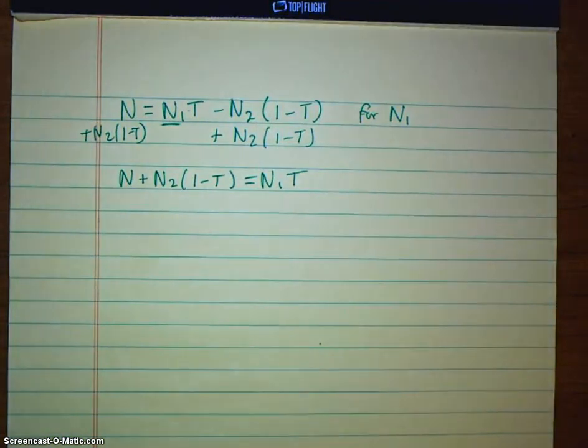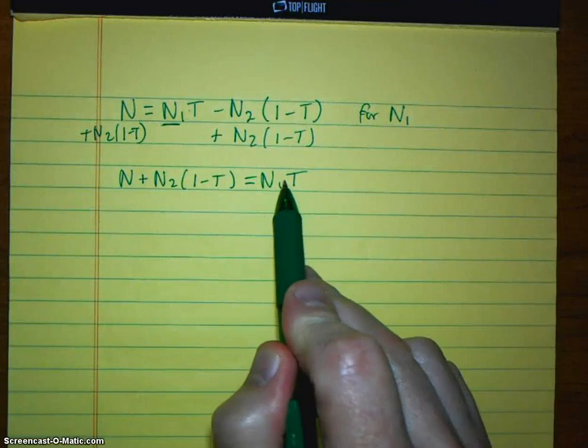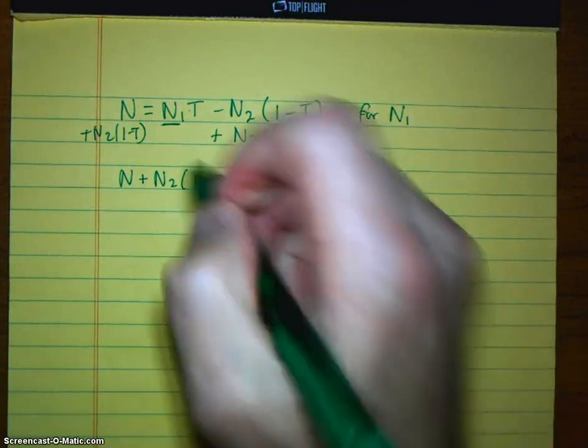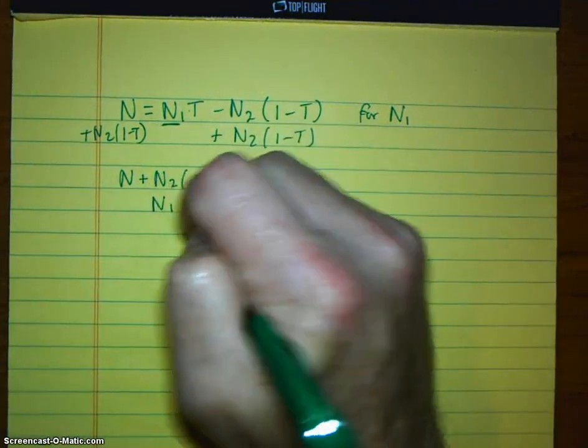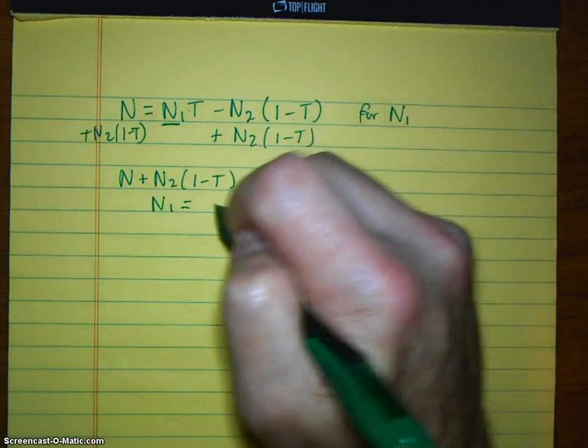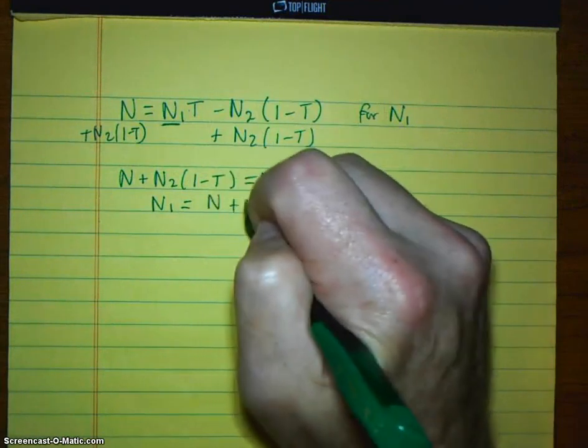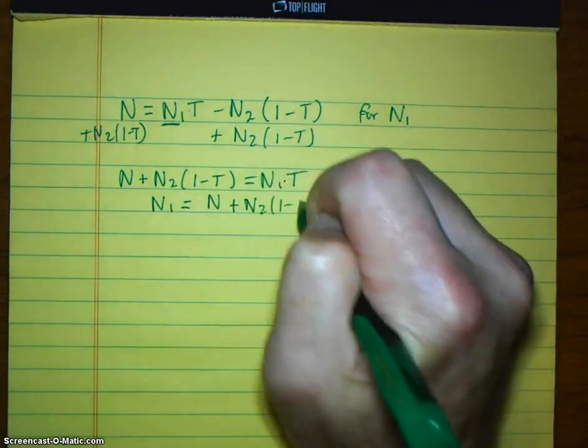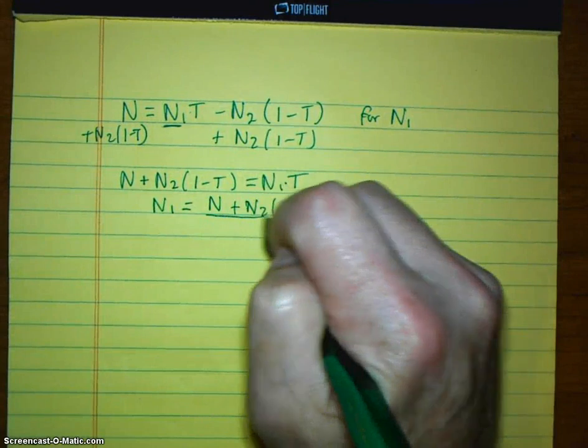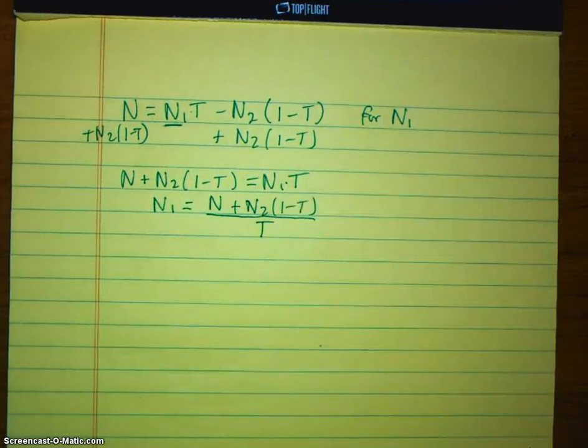And now it looks a lot better. I hope it looks a lot better. Now getting the n1 by itself is straightforward. It's connected by a multiply, so you do divide. So answer, n1 is N plus n2 times 1 minus t, all divided by t.